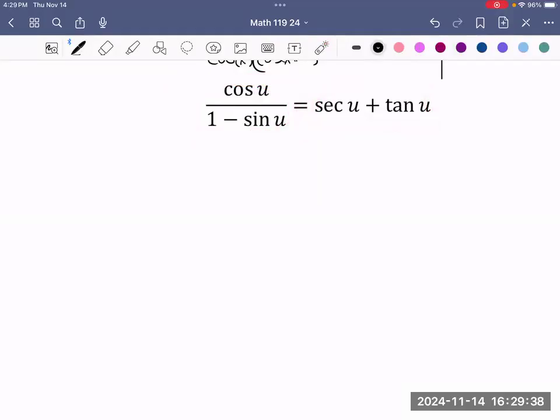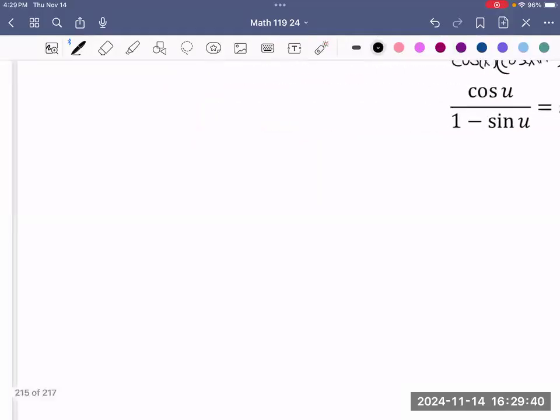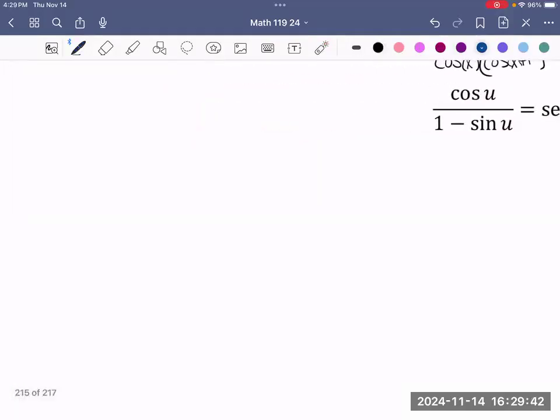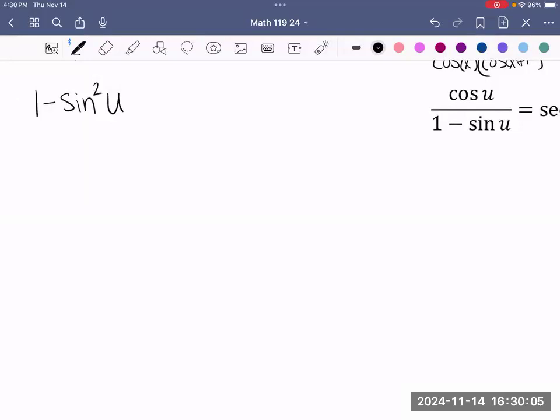So if we're talking about algebra, factoring, right, what we have seen in the past, believe it or not, is that we can multiply by something called your complex conjugate. Because right now we have 1 minus sine of u. And wouldn't it have been nice if it was 1 minus sine squared of u?